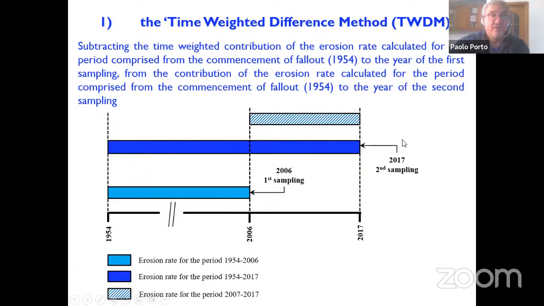If I divide this total soil loss by the number of years, 11, I will get a new value of erosion rate in tons per hectare per year, but related to that shorter time window, okay?